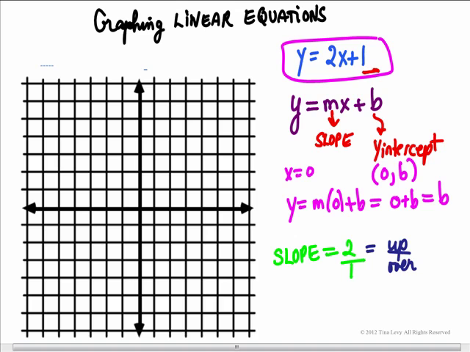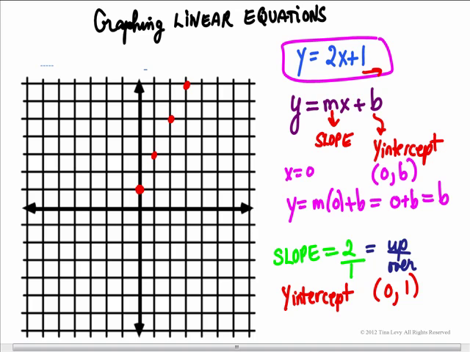The y-intercept for this problem is going to be 1, which we write as the ordered pair 0, 1. And that's going to be the starting point for us to graph our line. Using the slope from the y-intercept, the slope being 2 over 1, that tells me I go up 2 over right 1, up 2 over right 1, up 2 over right 1.